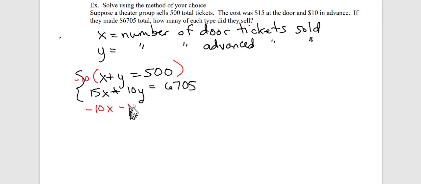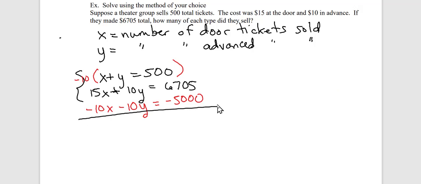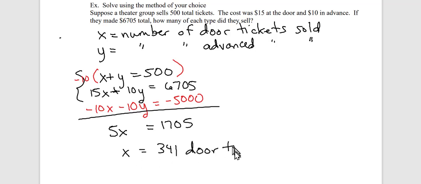Because that will give me -10x minus 10y equals -5,000. Why did I do that? Because when I add these two, it's going to eliminate the y and leave me 5x equals 1,705. And now I need to divide by 5 on both sides. 1,705 divided by 5 gives me 341. 341 is X, so that's the number of door tickets.